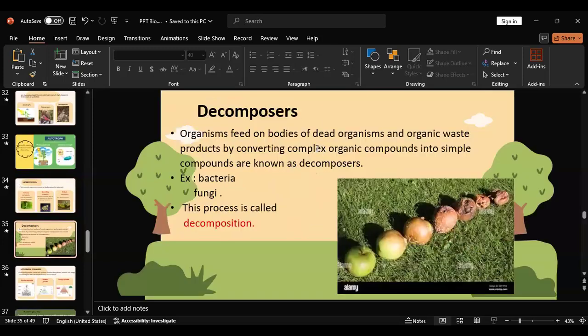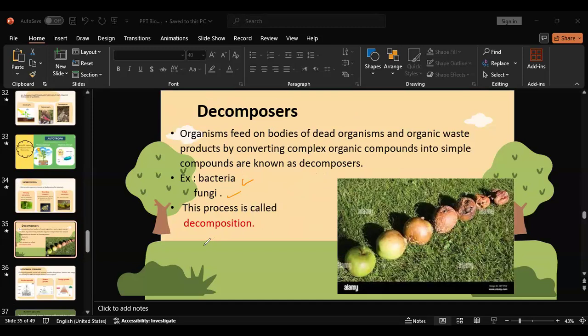The last one is the decomposer, right? Decomposers feed on dead bodies. Decomposers are normally bacteria and fungi. What will happen here? They feed on the dead bodies.